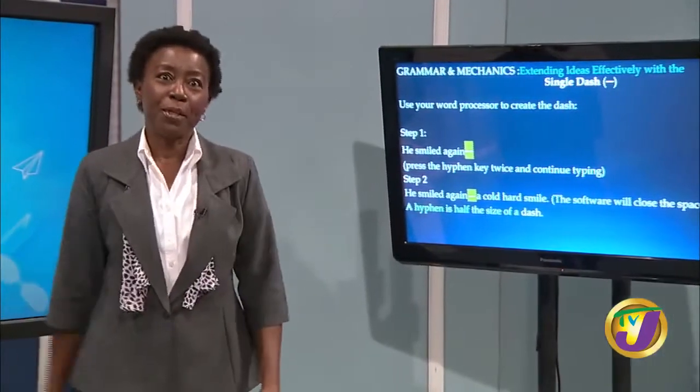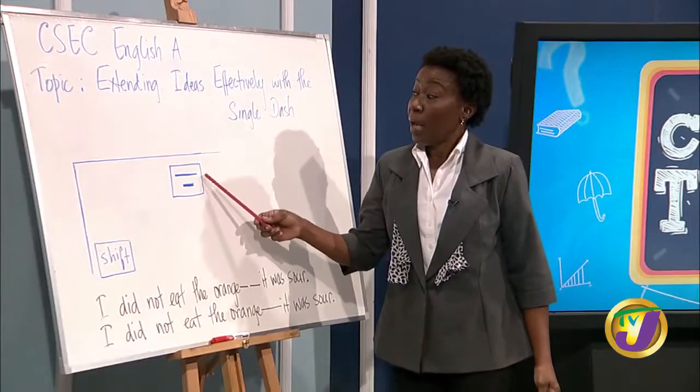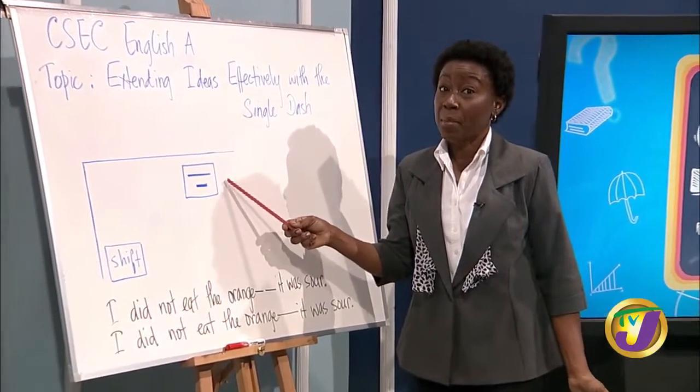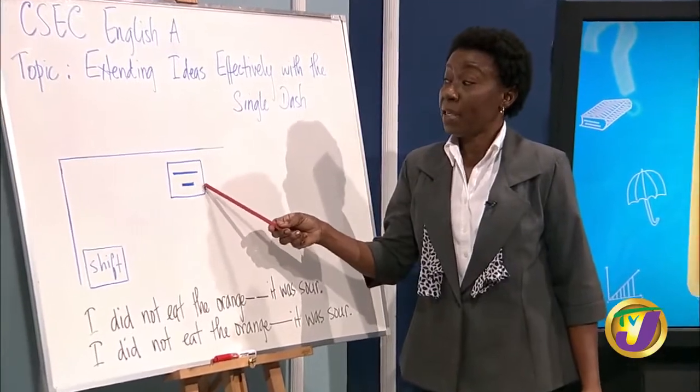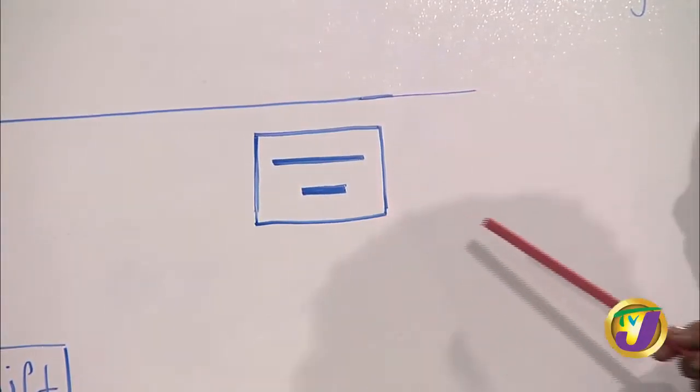Let's go to the whiteboard. When you are using your device, of course, you know that at the top where you have these keys with the numbers and marks, you have a key looking like this, right? Yes.